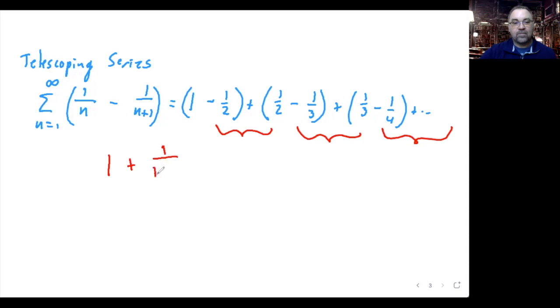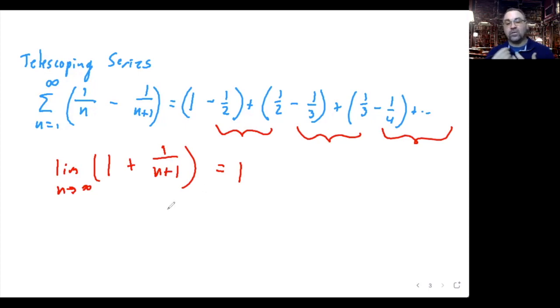And what happens to this as n goes to infinity? Well, you get 1. Okay, so the sequence of partial sums, S sub n, would be 1 plus 1 over n plus 1, and you get 1. So again, our telescoping series converges. These are pretty handy.